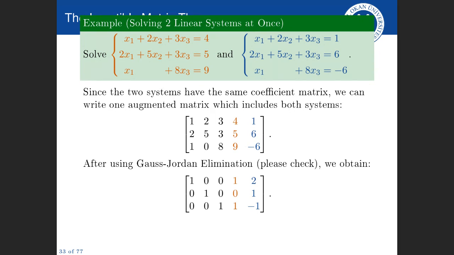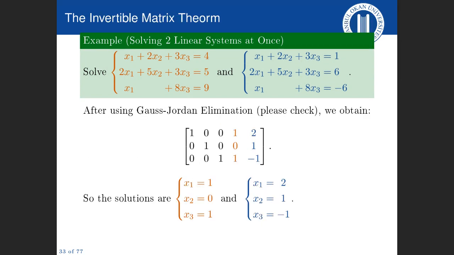Then again, we can forget about one column, forget about the blue column, and we can see the solution to the left linear system. Or we can forget about the orange column, and we can read off the solution to the blue linear system. The solutions must be 1, 0, 1 and 2, 1, minus 1.